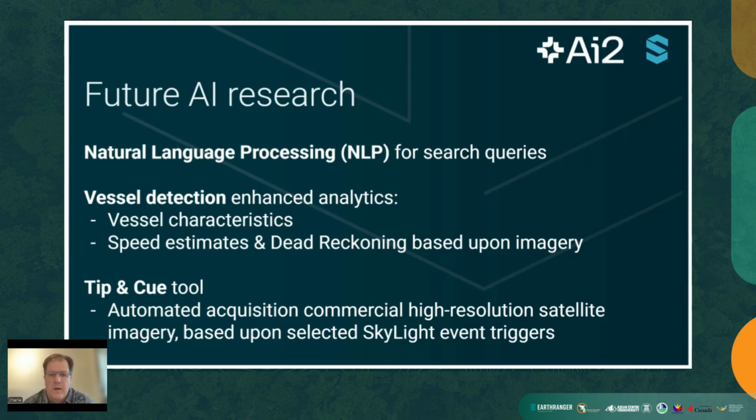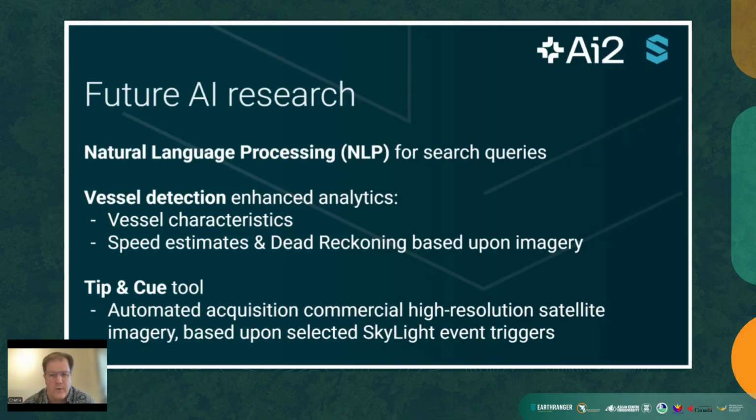And lastly, we have another tool, again, that's not in the regular public use, the Tip and Cue tool. It's enabling an automated way to access high-resolution satellite imagery that's commercially available and might cost money. So if an agency has budget for procuring high-resolution satellite imagery from partners, they can use Skylight to set up, based on an event, for example, if there's a detection of fishing activity in a marine protected area, or if there was a dark vessel detected in a marine protected area, the Tip and Cue tool, the point of it is, think of it like a vending machine.